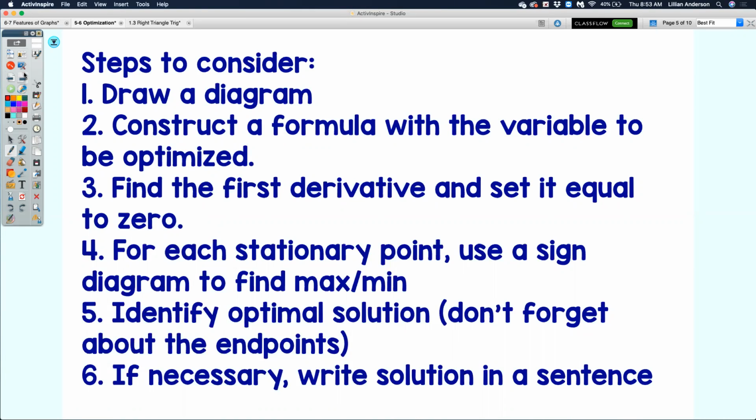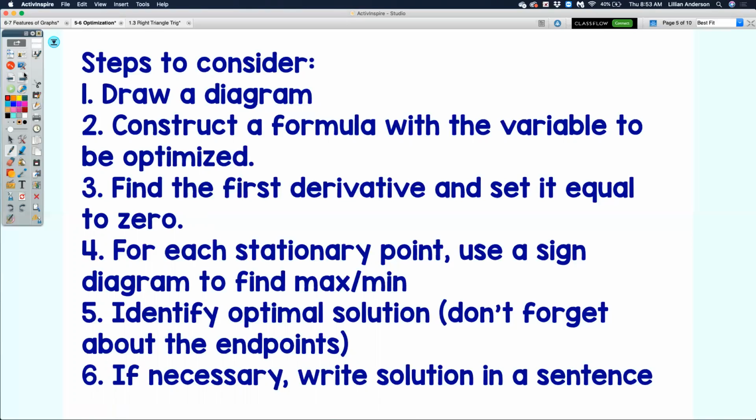Well, the formula you want to construct is a formula for the area of a rectangle, okay? You'll have to know some of your old school area formulas, volume formulas, surface area formulas in order to be able to create that formula. And then of course you want to do it with a variable you're trying to optimize, whether it's a dimension or it's the actual area.